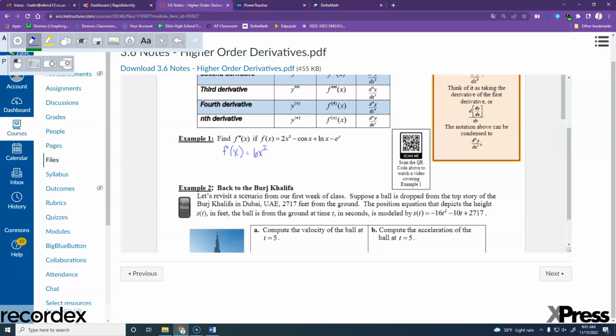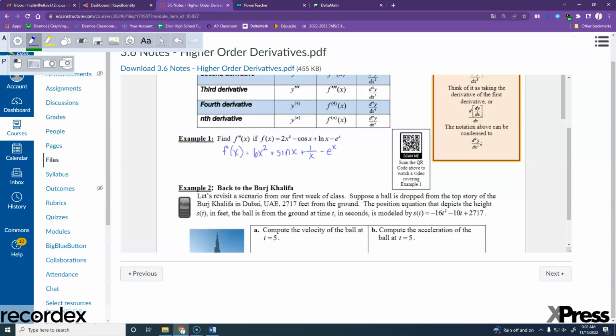Derivative of cosine is negative sine, so it'd be plus sine x. What's the derivative of natural log? 1 over x. And what's the derivative of e to the x? E to the x, so minus e to the x. So that would be our first derivative.